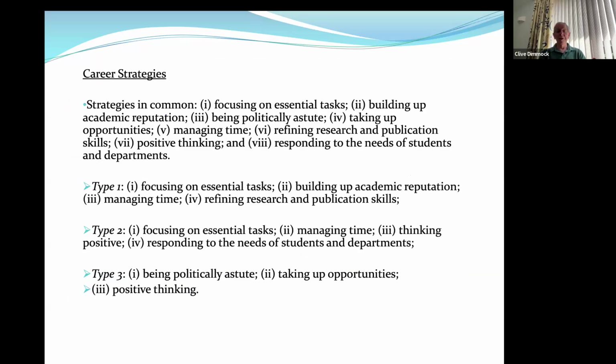This is the typology. With the typology, she then explains the career strategies. Type 1, she identified from the data what these characteristics were. They focused on essential tasks, etc. Type 2, they focused on time management, thinking positively, responding to the needs of students.